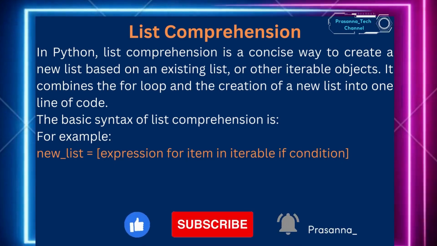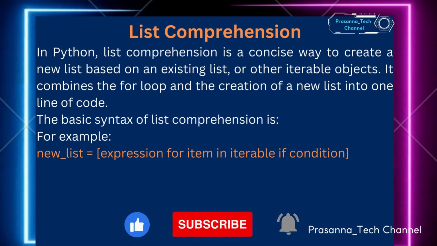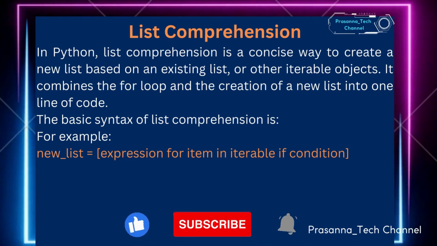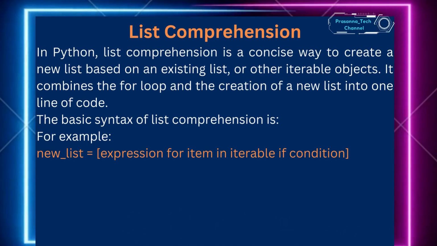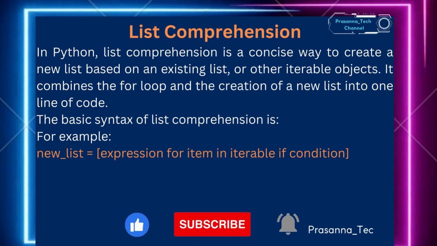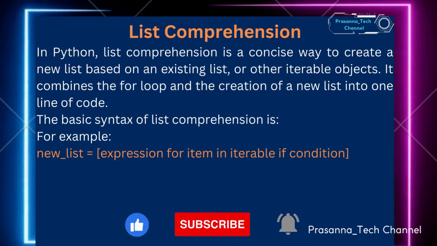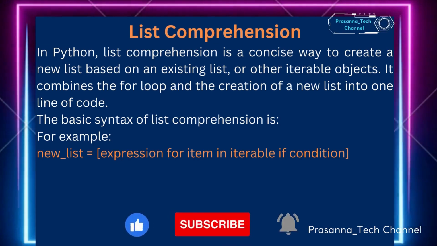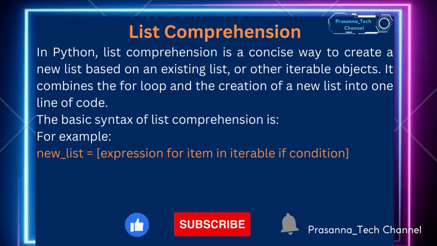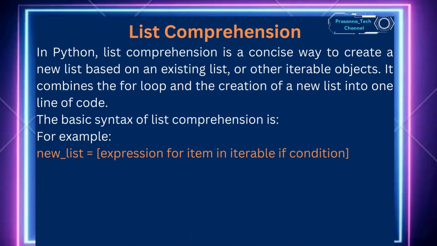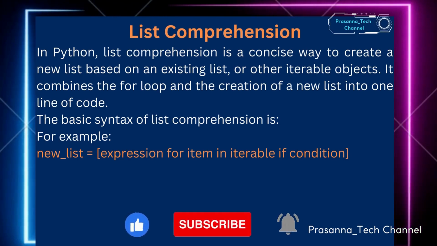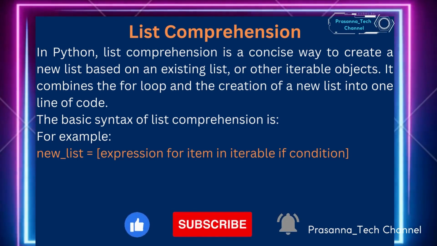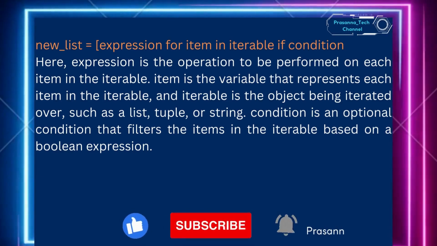List comprehension. In Python, list comprehension is a concise way to create a new list based on an existing list or other iterable objects. It combines the for loop and the creation of a new list into one line of code. The basic syntax for list comprehension is, for example, new_list = [expression for item in iterable if condition].